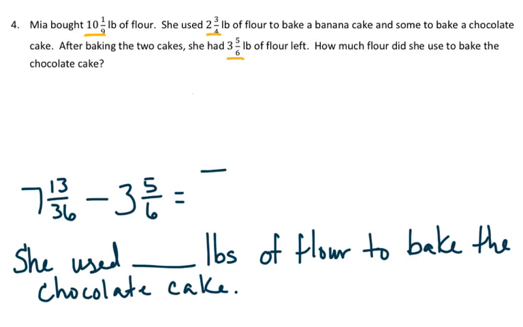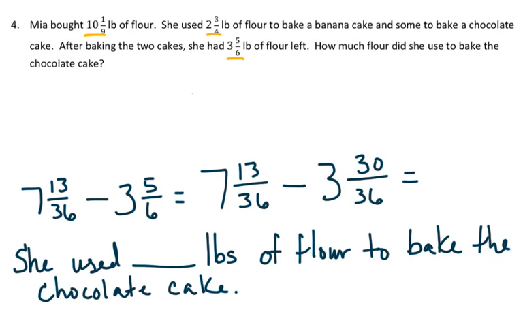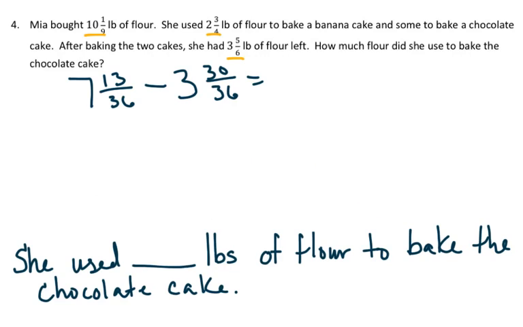So I can leave the original mixed number here, 7 13/36, and 3 5/6 becomes 3 30/36. So this is going to be my problem that I'm solving here with the common denominator of 36.